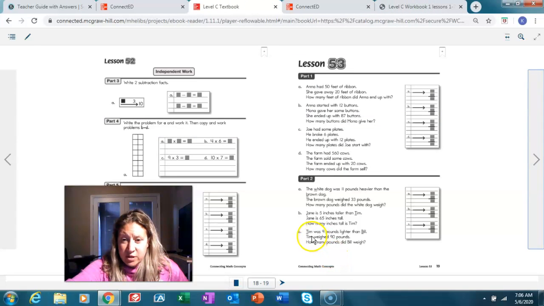Okay, let's read the bottom problem. Tim was 9 pounds lighter than Bill. Tim weighed 90 pounds. How many pounds did Bill weigh? Start with the sentence that tells how many more or less. Which sentence? The top one. Okay.